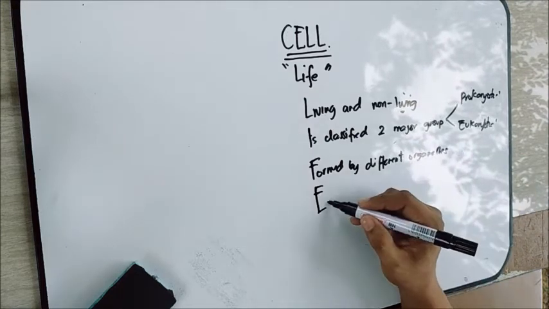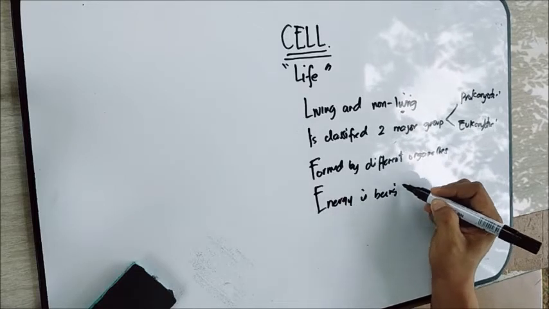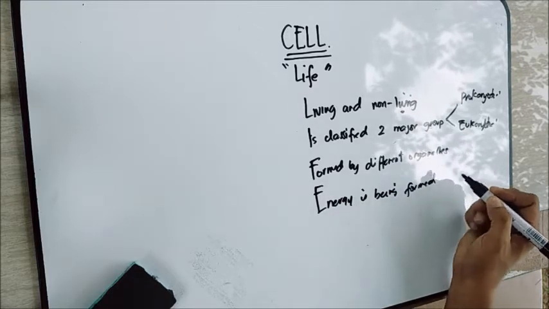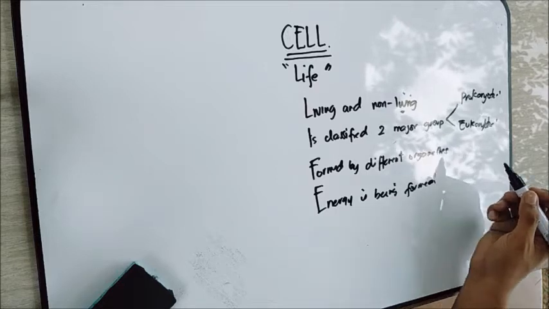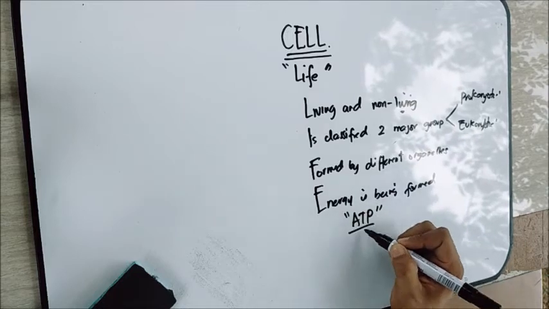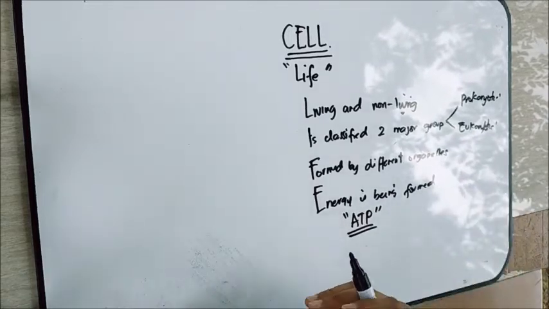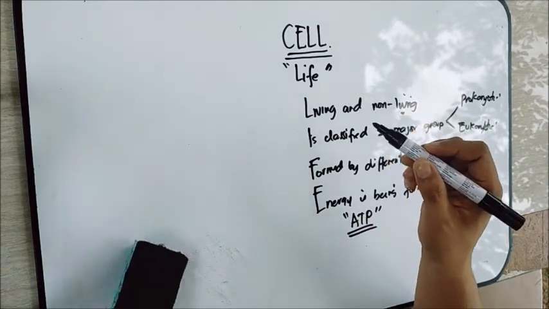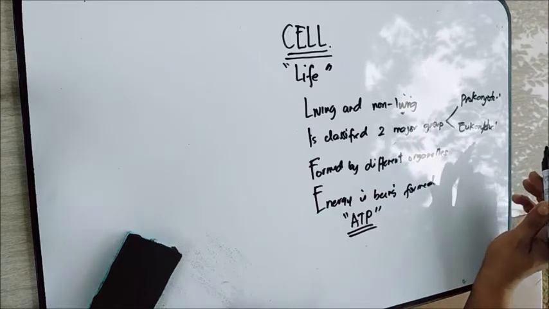And lastly, energy is formed inside the cell through the process of photosynthesis and cellular respiration, and what is formed is the adenosine triphosphate or the ATP. Now, it is here in our definition that a cell is classified into two major groups, correct?